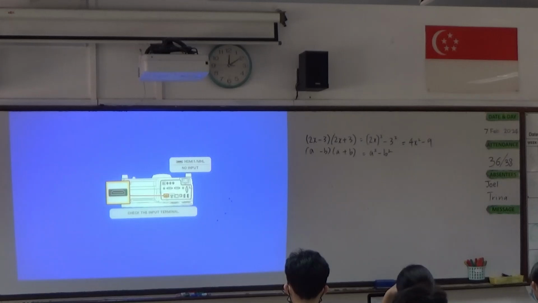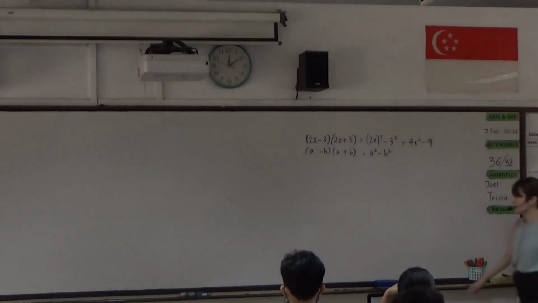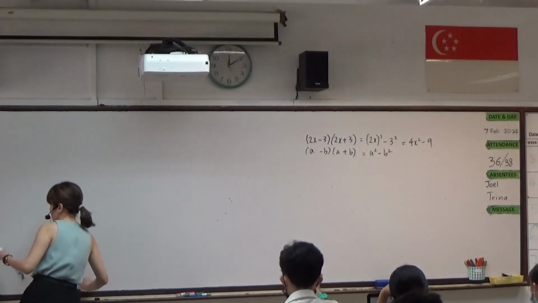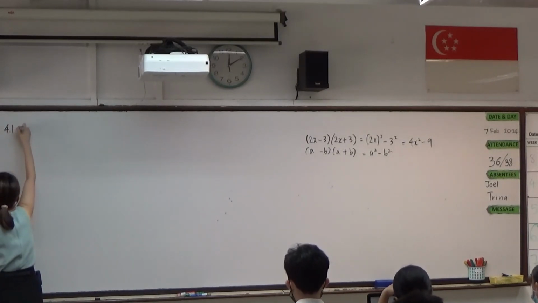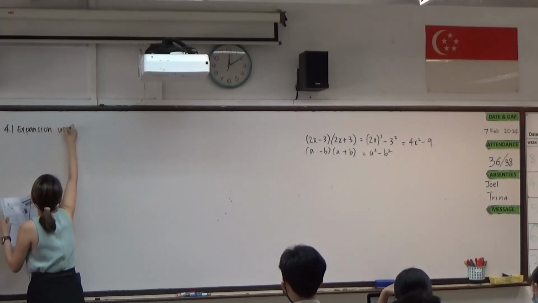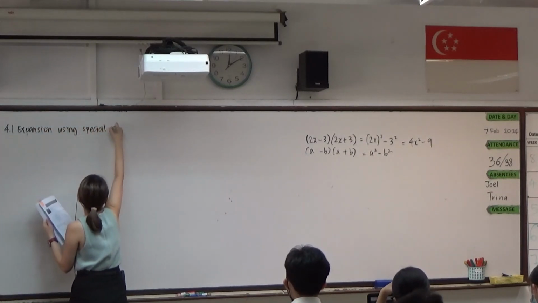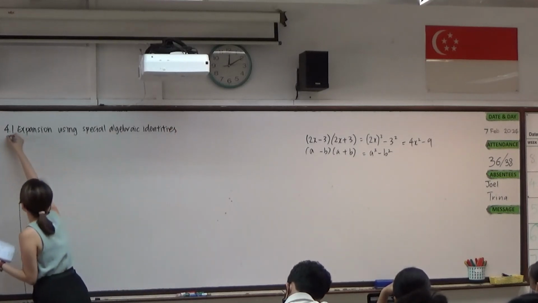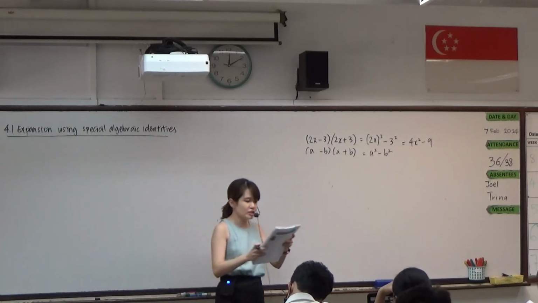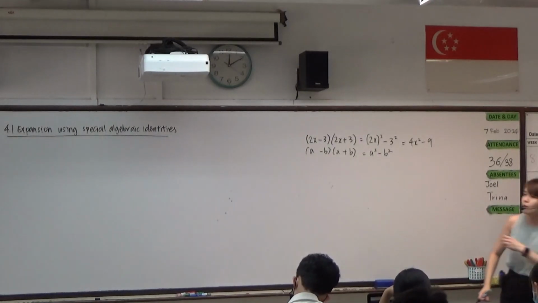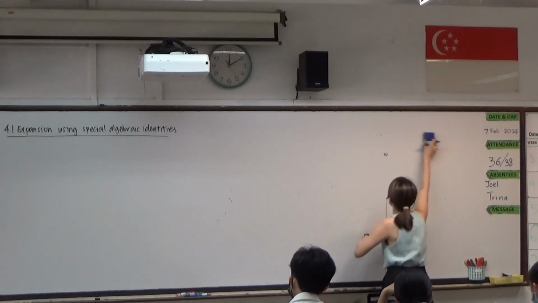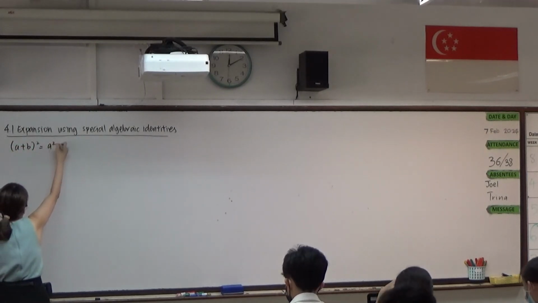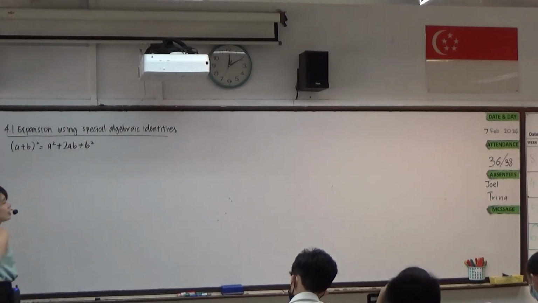Okay, now let's go back to the topic that we are at. (a plus b) squared gives us a squared plus 2ab plus b squared.